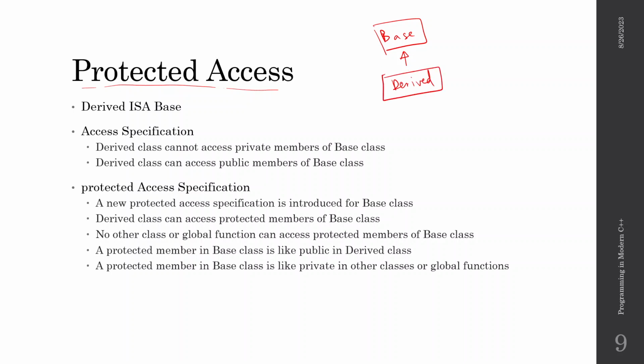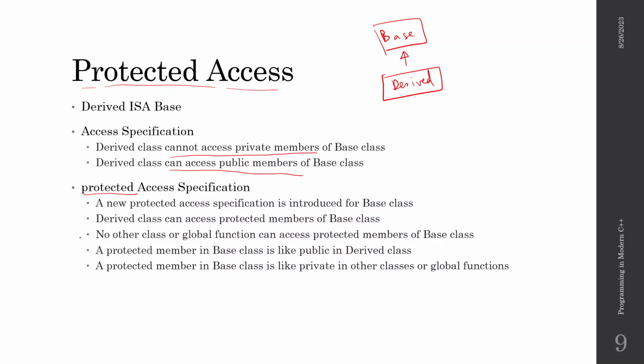We have this base class and then we have a derived class like this. So normally the derived class members cannot access the private members of the base class, and the derived class members can access the public members of the base class. This is obvious.